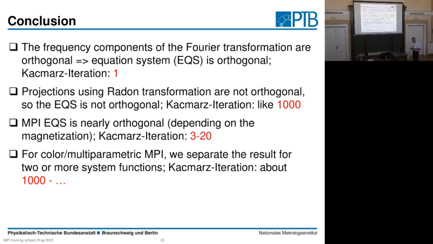But if you do a color MPI with two equation systems together, they are probably not orthogonal, you lose this feature, and again you need a lot of iterations. So keep in mind, if you go from normal MPI to color or multi-parametric MPI, you will need a lot more iterations compared to normal MPI.